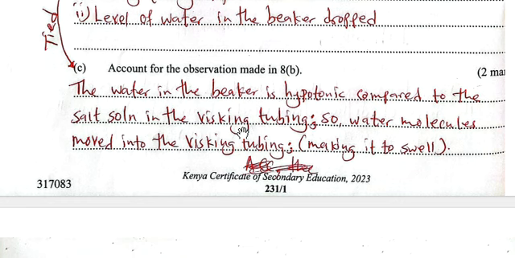In 8b, the water in the beaker is hypotonic compared to the salt solution in the visking tubing. Remember, the salt solution is hypertonic, while the water in the beaker is hypotonic. So the water molecules move into the visking tubing, which is semi-permeable, thus making it swell.